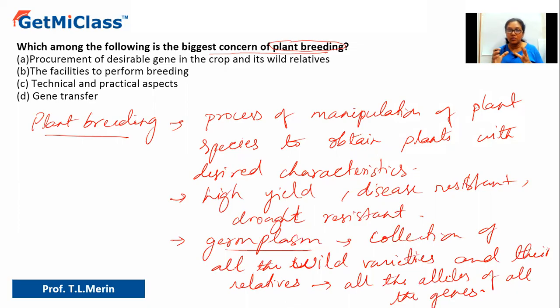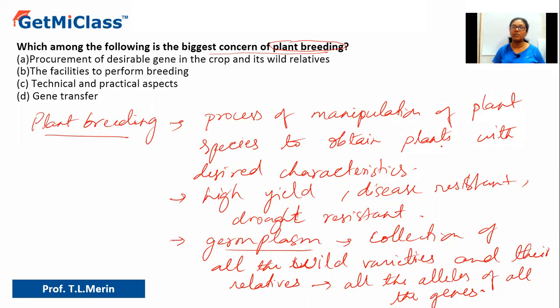So procuring these wild varieties, you have to go all over the world, in fact, sometimes, so as to get the germplasm. To collect the germplasm, you have to keep moving around and looking for the different varieties of wheat or any other plant, and that is the most difficult task of everything.